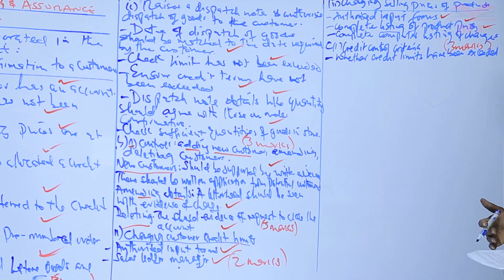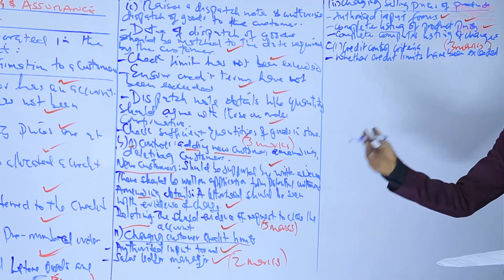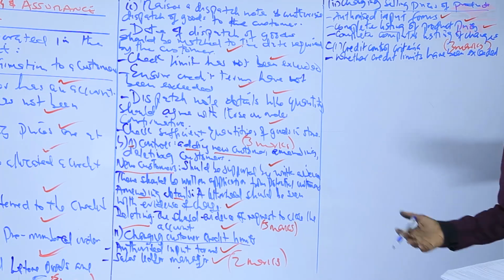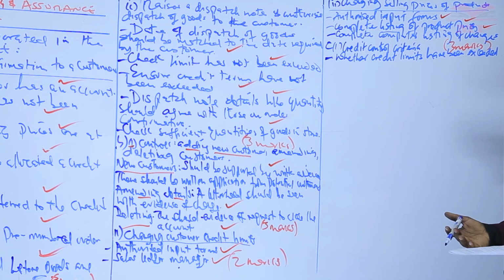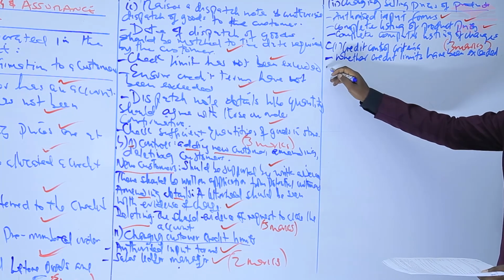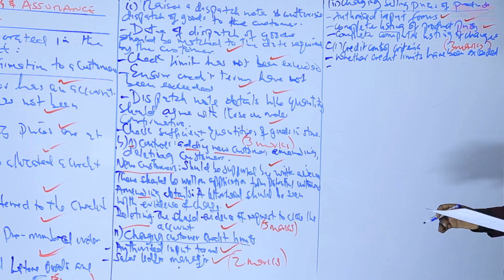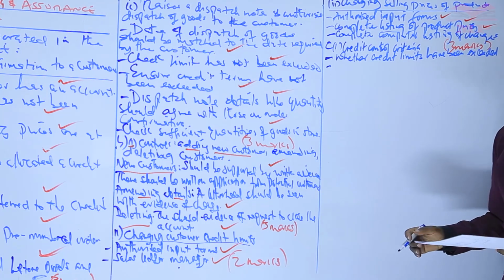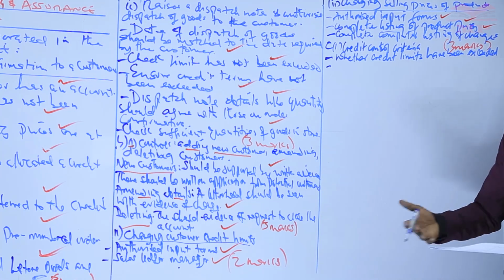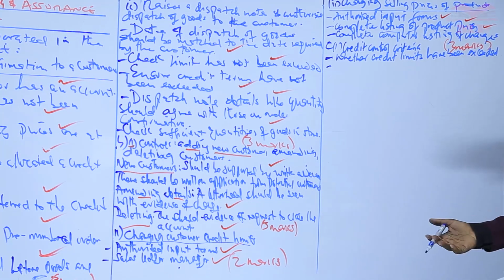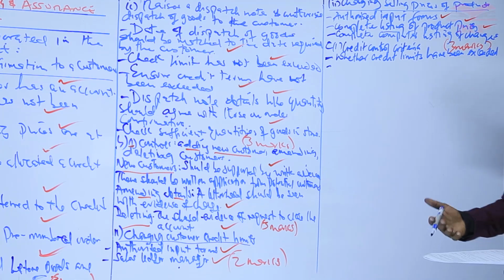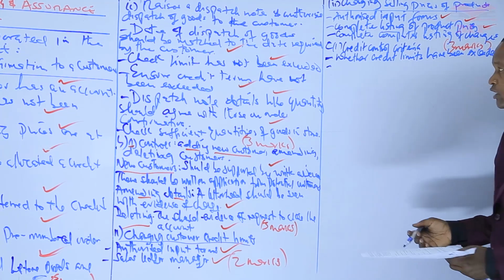Okay? Whether credit limits have been or will be exceeded. The second criteria is whether, for any reason, a stop has been placed on the account.